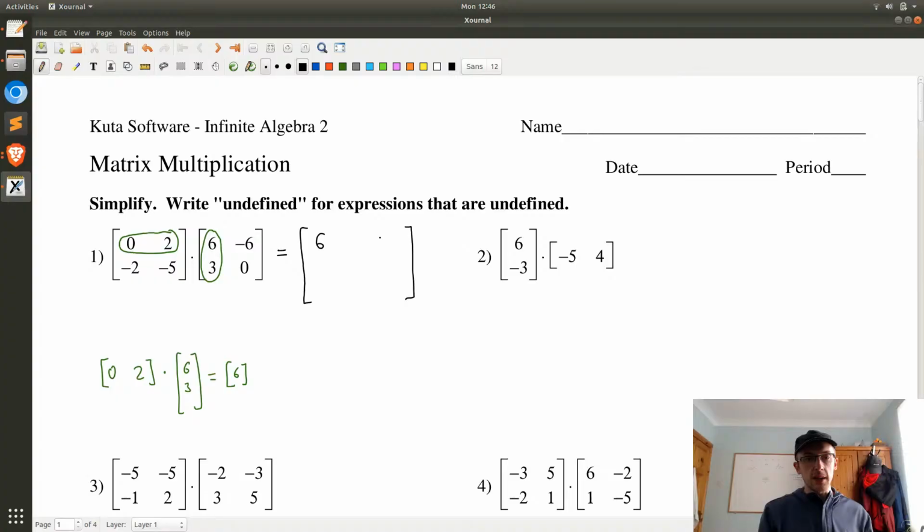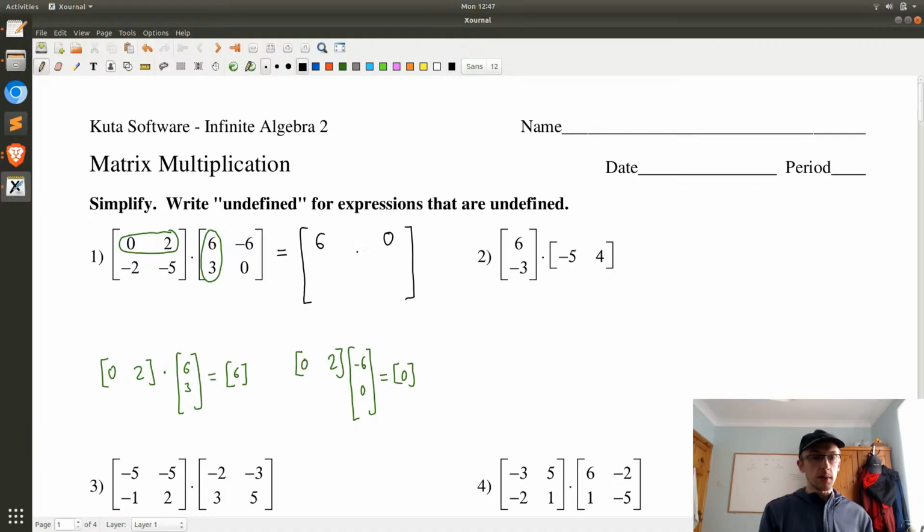Okay, so who's going to be in this box right here? Well, that would just be 0, 2, dot multiplied by -6, 0. And the result of that is 0. That's the first row times the second column to get the entry in the first row, second column.